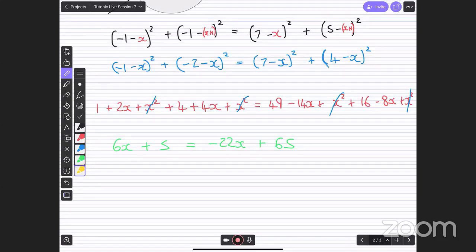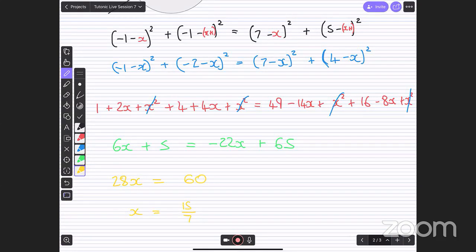Bring the 22x over and solve for x. 28x equals 60. X is equal to 15 over 7.